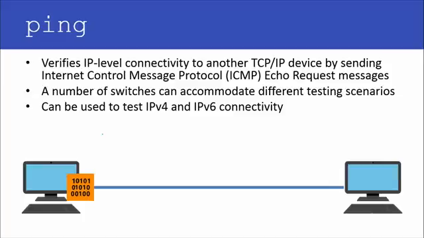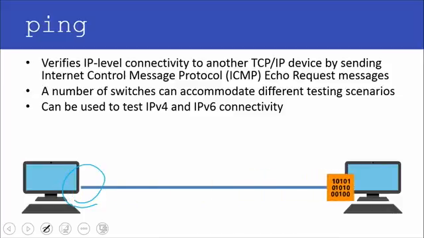So pretend that this little message right there, that little bit of data, is an ICMP echo request. What's going to happen is that the other computer is going to send it back, and you're going to see that the connectivity exists between those two devices. Okay.